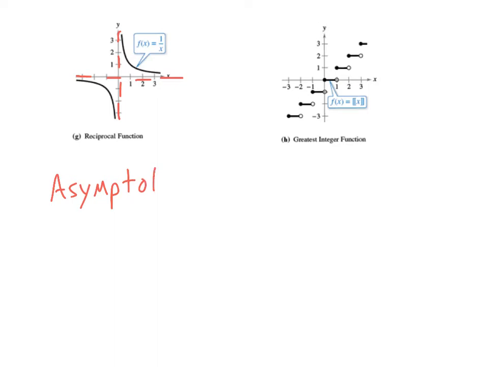When you're dealing with a reciprocal function, or again, you might find me using the name rational, essentially one function divided by another, they're very much characterized by their asymptotes. We'd say we have 2 different kinds: you've got vertical, and you've got horizontal.